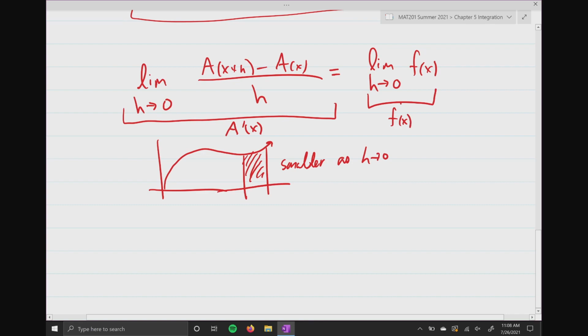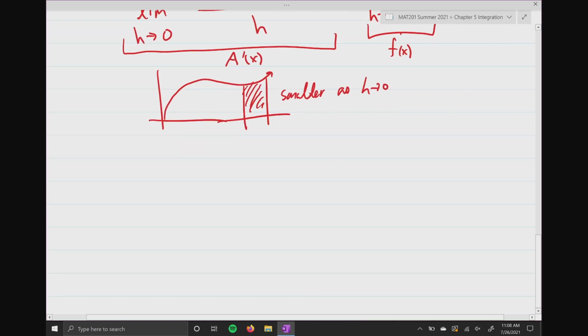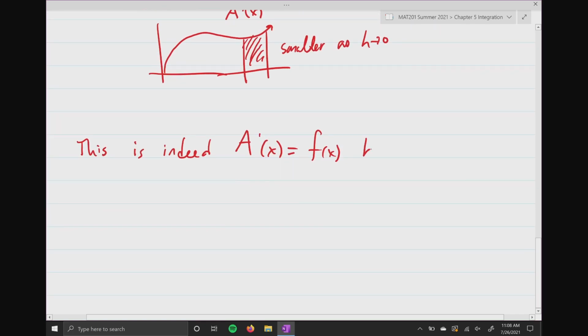So now the derivative is the function that we're looking for, because A of x is equal to the integral from a to x of f of t dt.